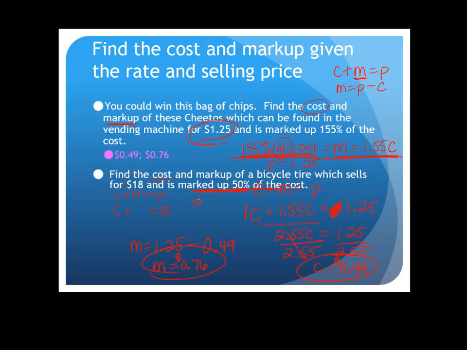So 50% of the cost is the same as saying 0.50C. So I'm going to replace the markup with 0.50C. When I add those together, that's like a 1C plus 0.5C, so that's 1.5C equals 18, and just divide by 1.5.